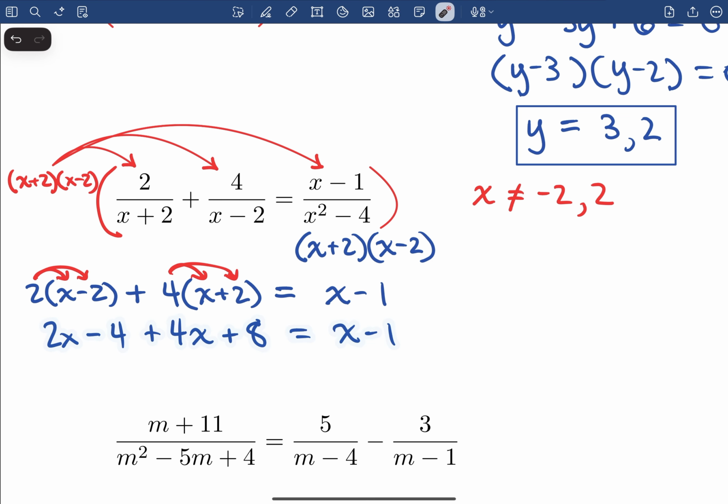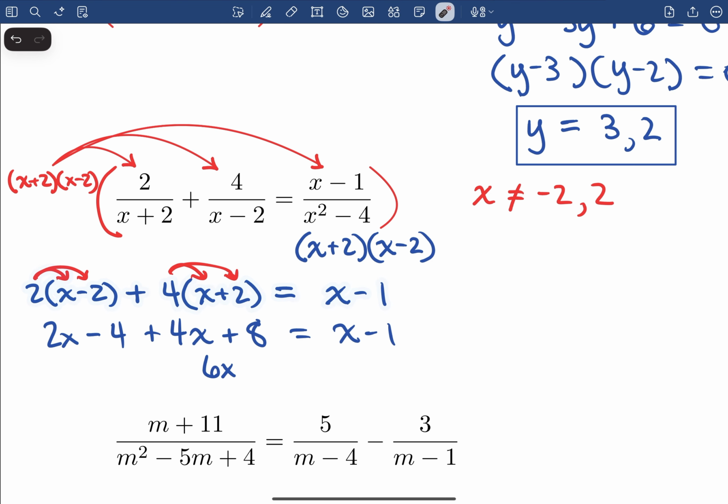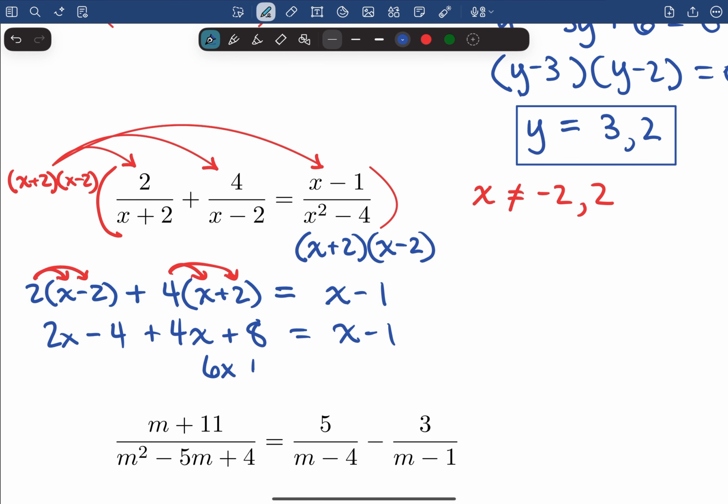Let's go ahead and add 2x plus 4x, and that gives us 6x. And then let's take the constants negative 4 plus 8, and that makes positive 4, and that equals x minus 1. And so now I'm going to subtract x from right to left, so all the terms with x go to one side, and I'm going to subtract the constant 4 from left to right, so the constants all go to the same side.